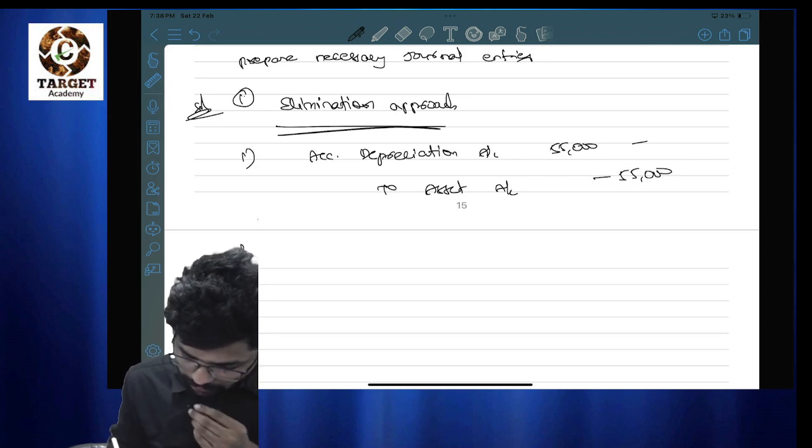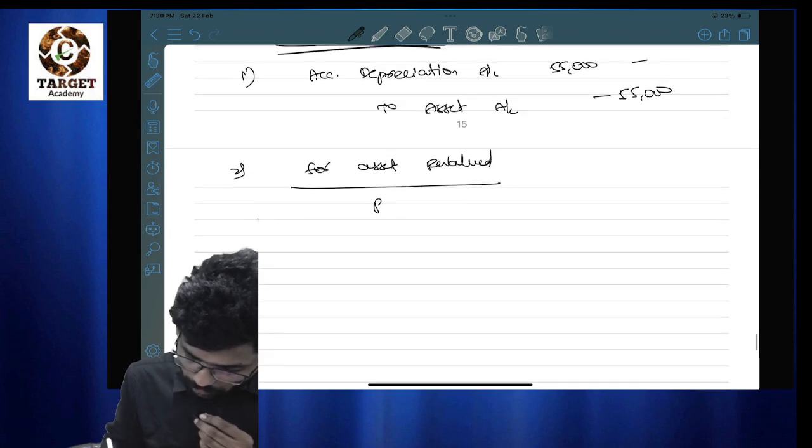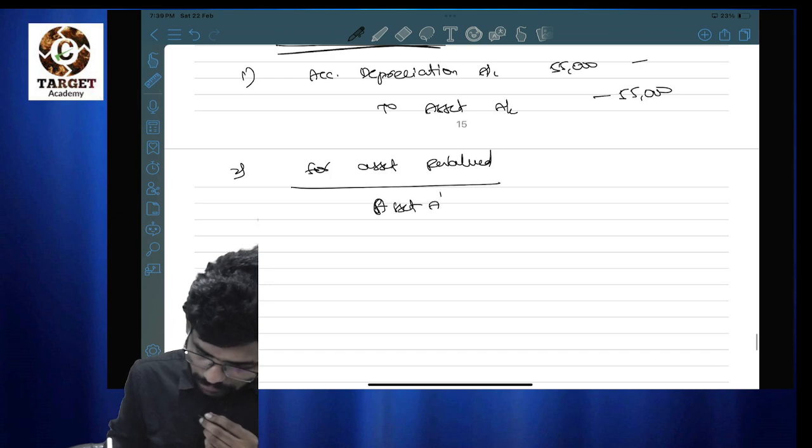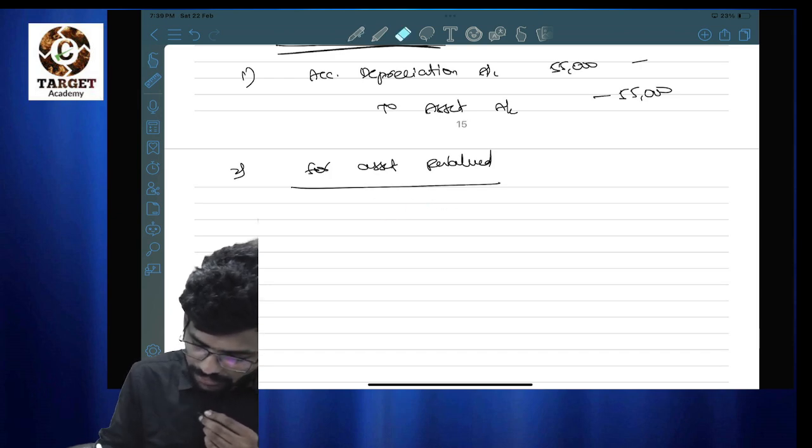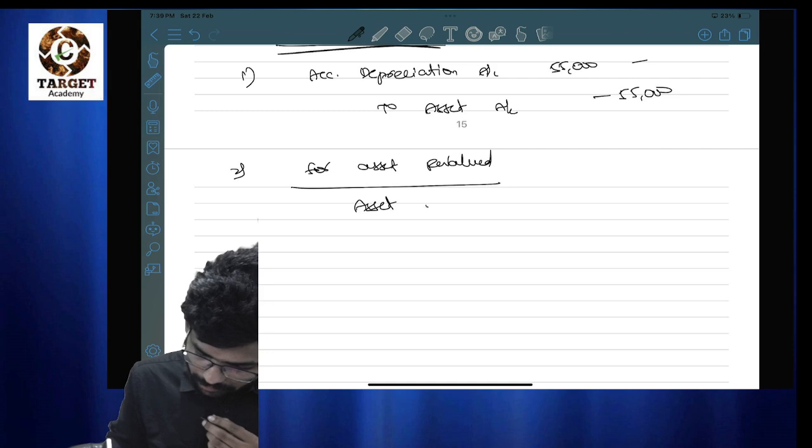Sir, next entry. For the asset revalued. So, asset account debit to revaluation surplus. How much?